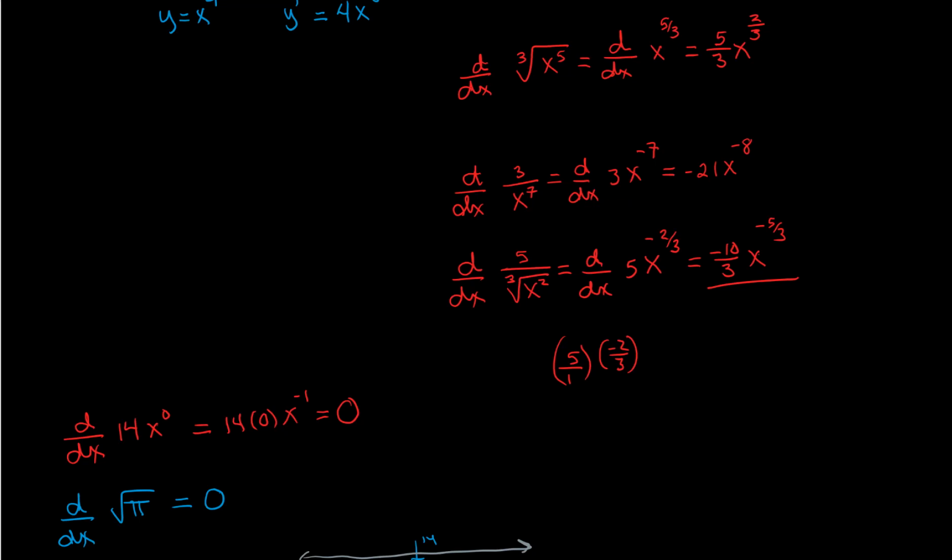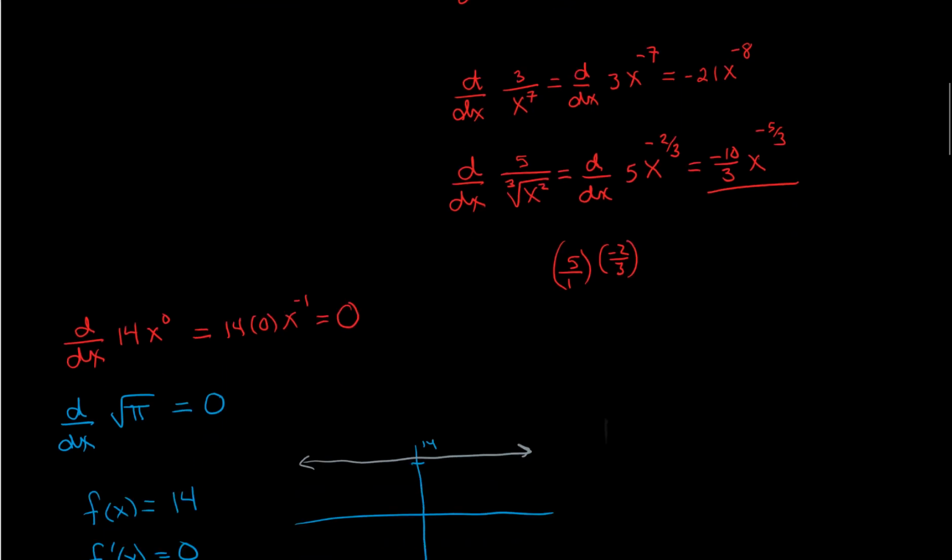If we take the derivative of that, we have the 3 times the x, but the 7 also comes out front as part of the coefficient. So we have 3 times negative 7. Oh, that's a negative 21. x, then you have a minus 7 minus 1. Oh, that's going to be a minus 8. And here's your derivative.